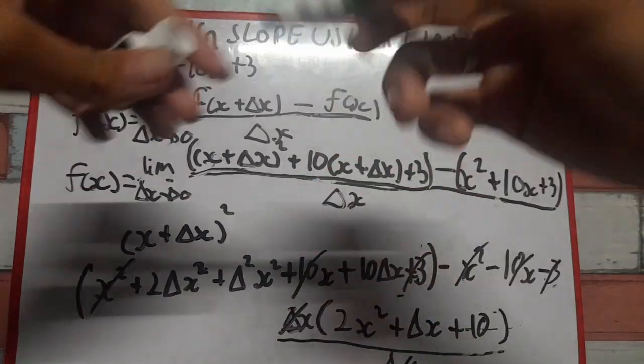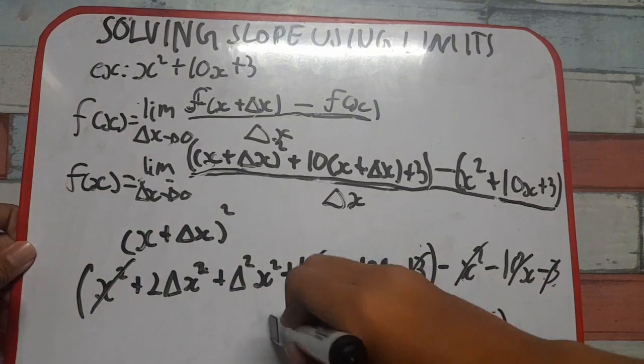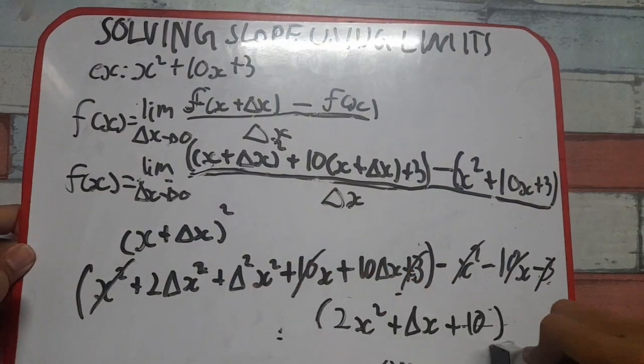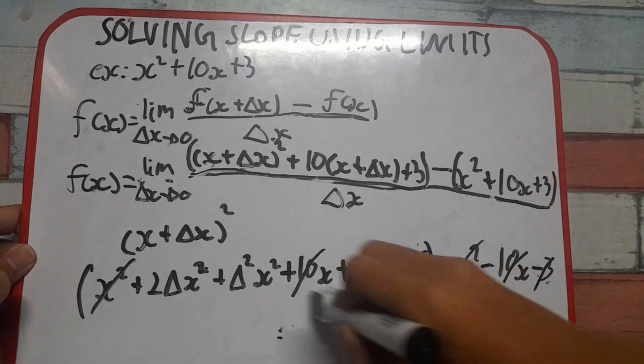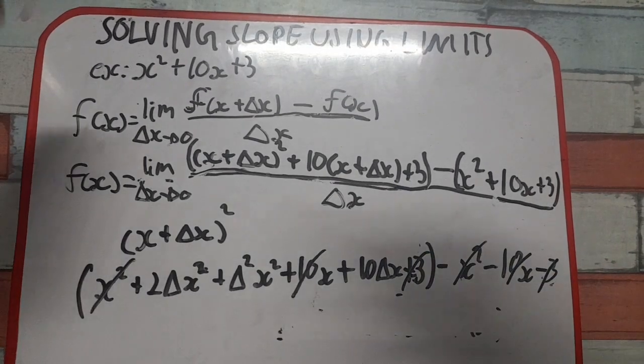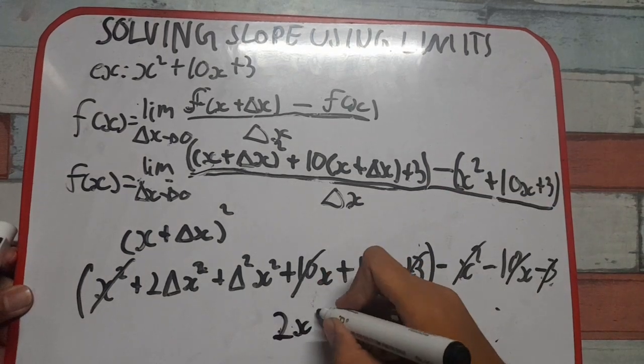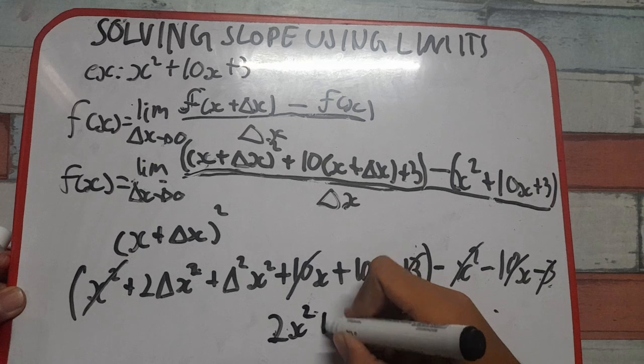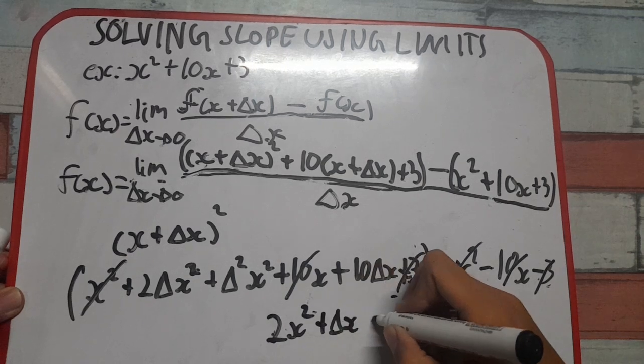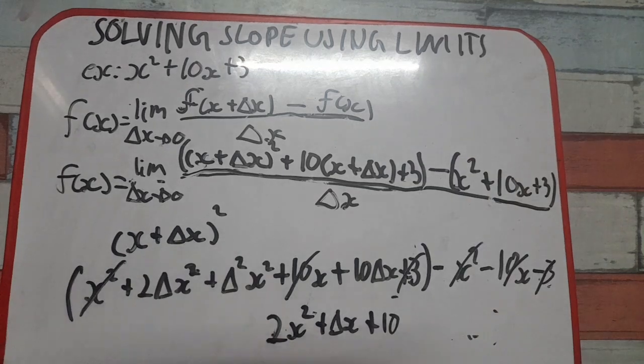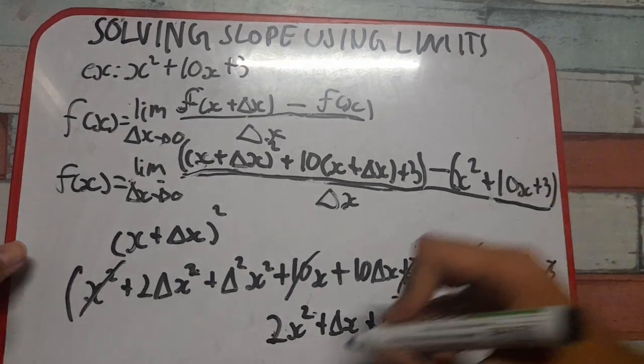So we're left with this value here, 2x plus delta x plus 10. And for the delta x, we state that as delta x approaches 0, meaning that this will be 0.